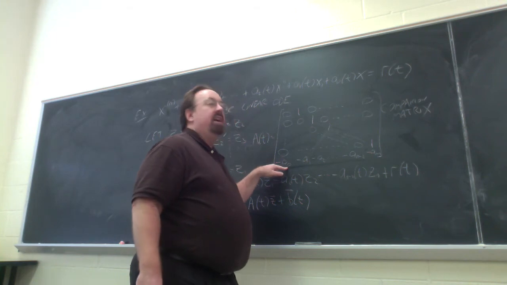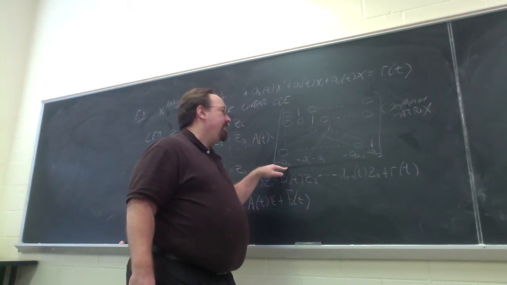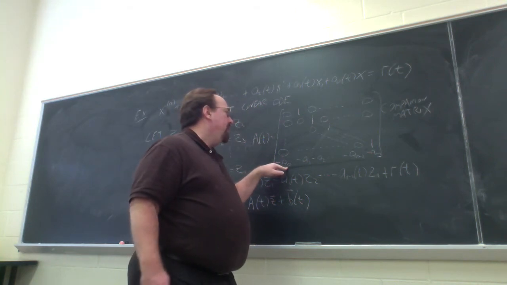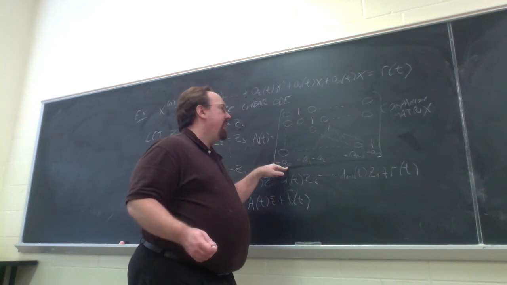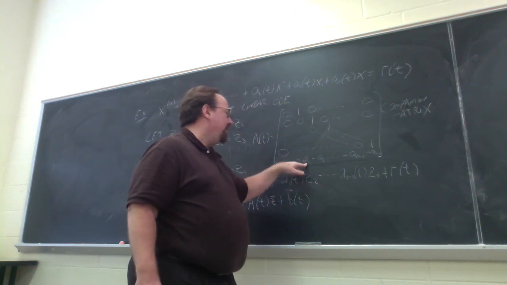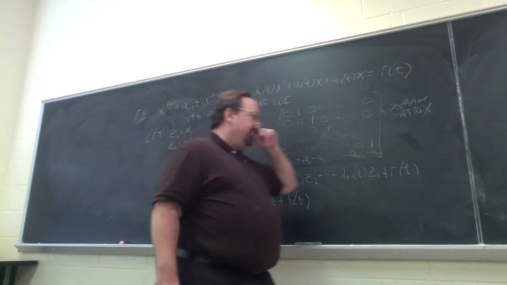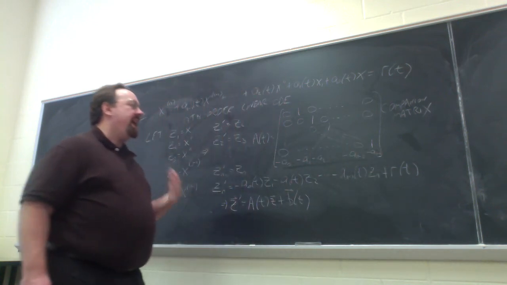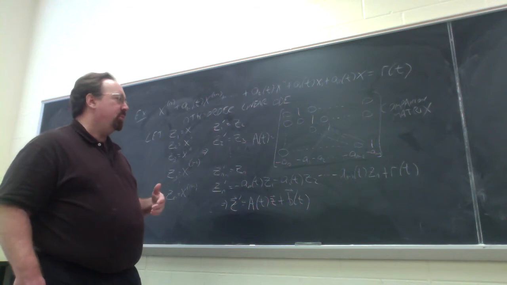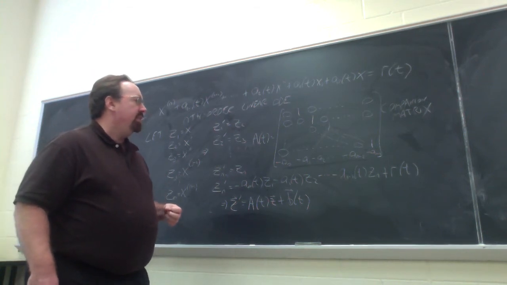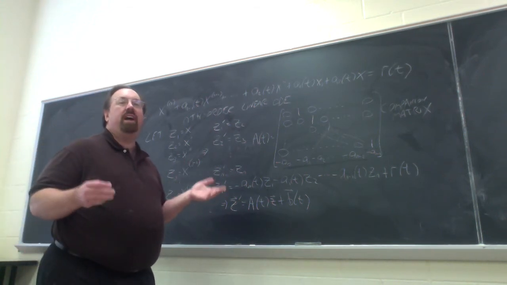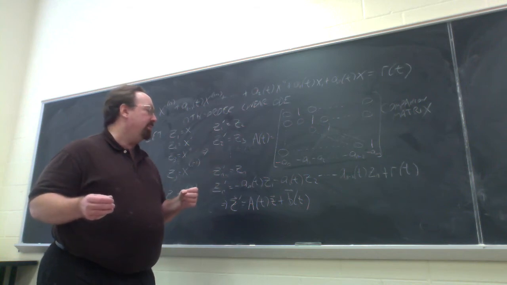Okay. And one interesting property of a companion matrix is if you take all these entries in the last row and you make a polynomial out of them of degree n, so this is a constant term, this is a linear term, quadratic term, and then all the way up to degree n, where the coefficient of that is 1. The roots of that polynomial are the eigenvalues of this matrix.